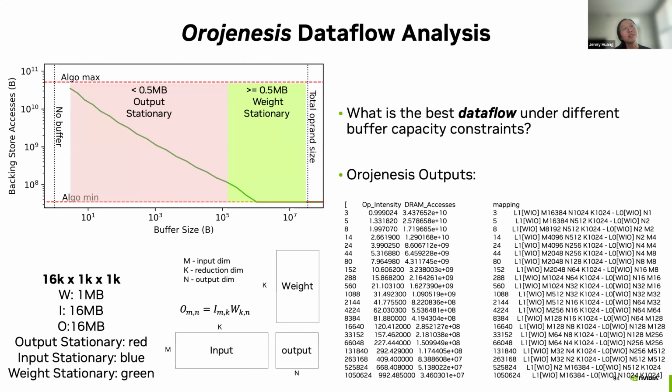So kernel optimizers can easily refer to this diagram to figure out the best strategy to consider in their search if they're trying to fine-tune a schedule. That's another way to use this Orojenesis bound output.